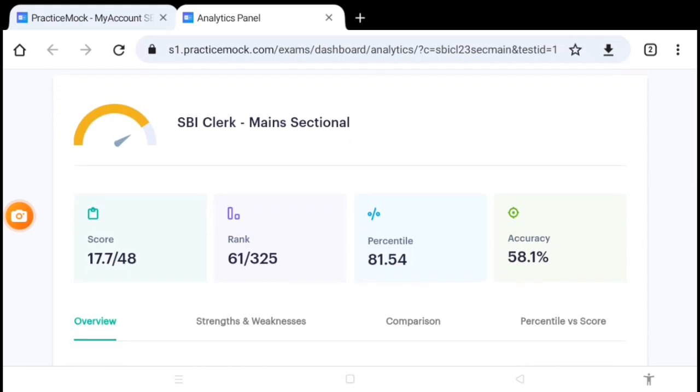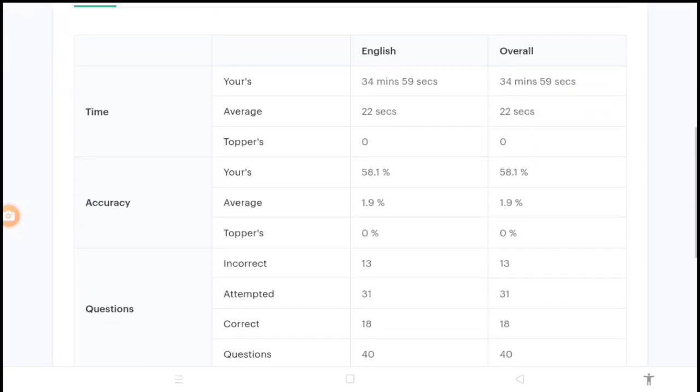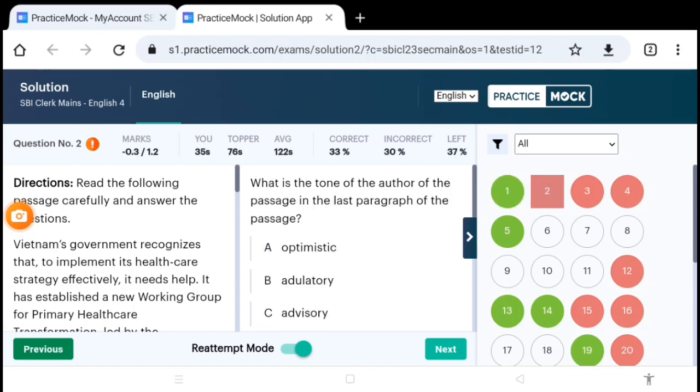So let's see the analysis. This is the English section. I got 17.7. Let's see the solution. Second is wrong.